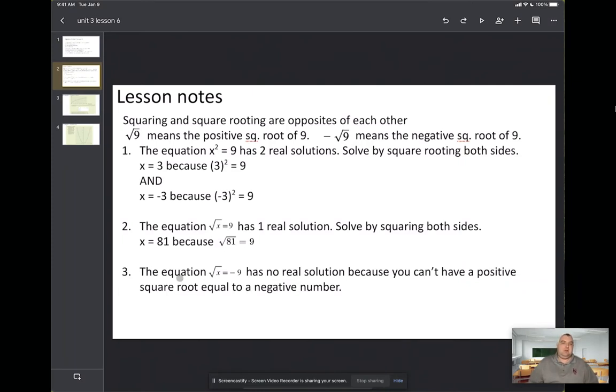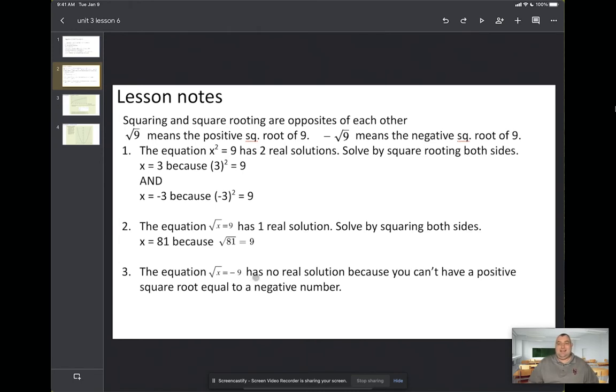Okay. If I have the positive square root of x equals a negative number, that is not going to have a real number solution. Again, if a square root is presented to you like this, and there's no negative in front of it, you assume they want the positive square root. So an equation like this is really saying a positive square root is equal to a negative number.